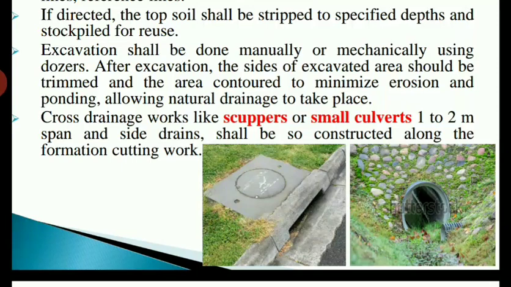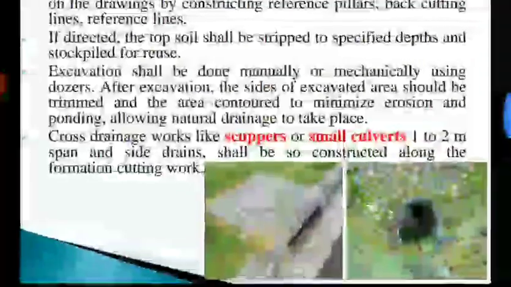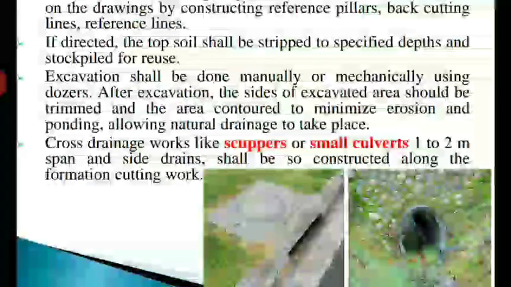In some cases only cutting is carried out, so that material is waste, because after the cut we need to dump it at the required location, and the transportation cost will increase. But if only filling is required, in some cases we need to bring materials from other sources, and again it increases the transportation cost and becomes uneconomical for the project work.